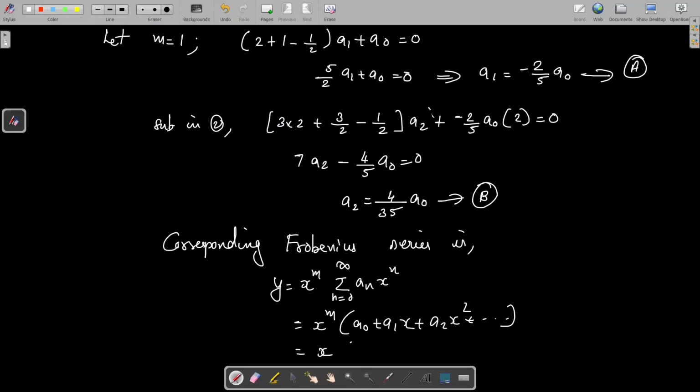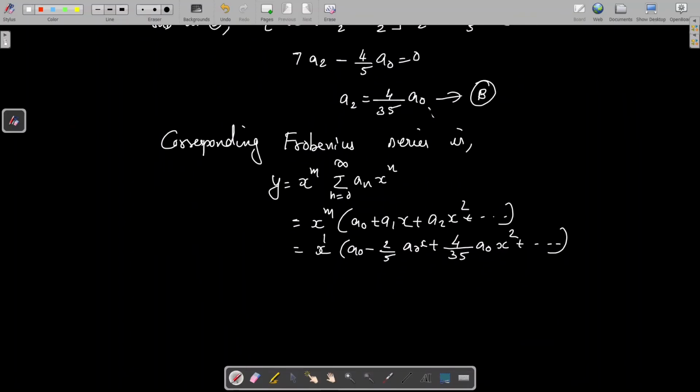So we have x raised to 1 into a naught plus a1, which is minus 2 by 5 a naught, so just substitute here, minus 2 by 5 a naught x, plus a2, which is plus 4 by 35 a naught, x square, plus etc. Okay. So that's equal to a naught into x into 1 minus 2 by 5 x plus 4 by 35 x square plus etc. This is one Frobenius series solution of the given differential equation.